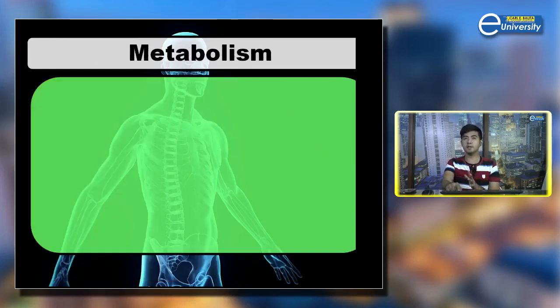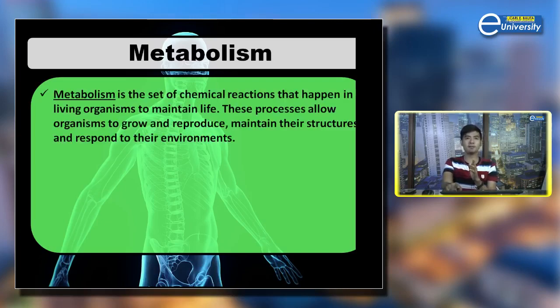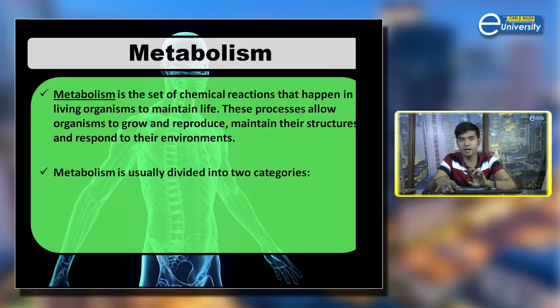It maintains internal balance. That internal balance, also called homeostasis, is performed with the help of metabolism. When we say metabolism, it is the set of chemical reactions that happen in a living organism to maintain life, and these processes allow organisms to grow and reproduce, maintain structures, and respond to their environment.